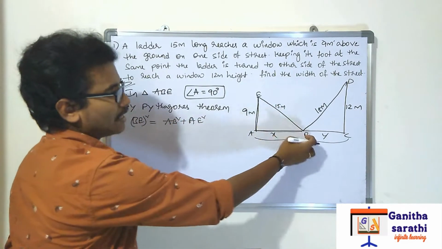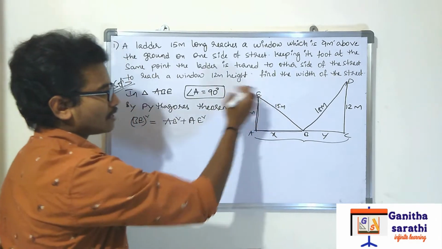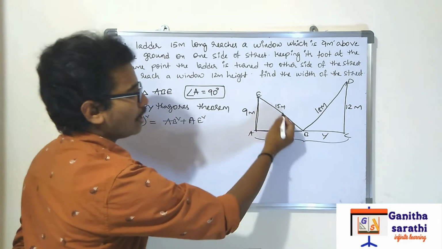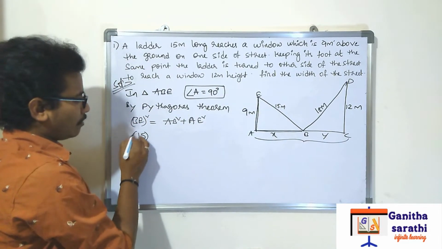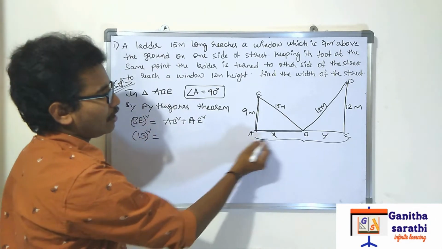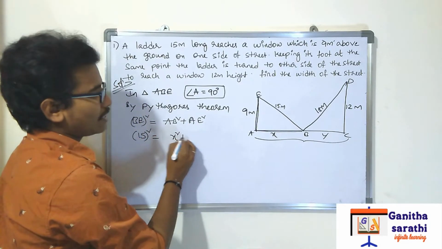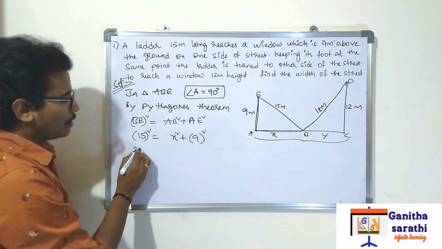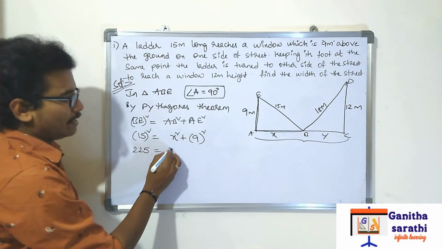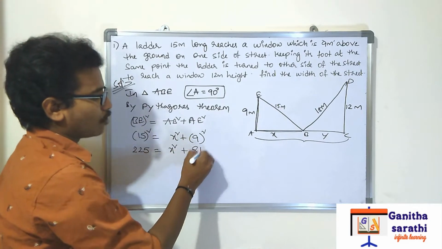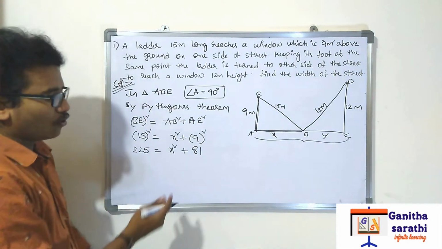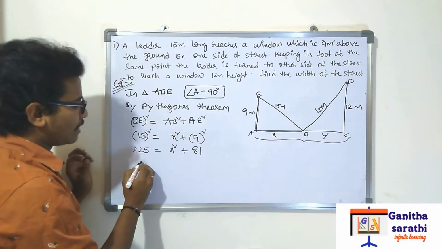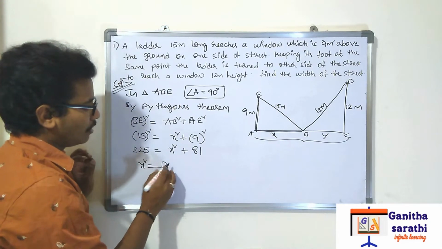What is the BE value? 15, the hypotenuse, and AB we have to find, plus AE value is 9. Now 15 square is how much? 225 is equal to x square plus 9 square, which is 81. So take this plus 81 to the left hand side, and it will become minus 81.